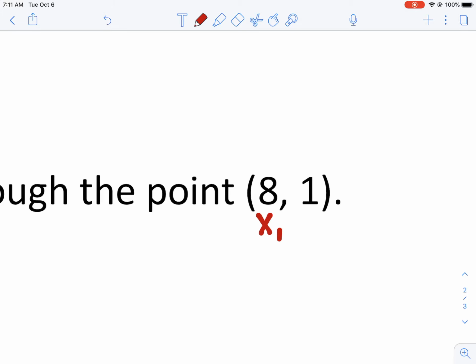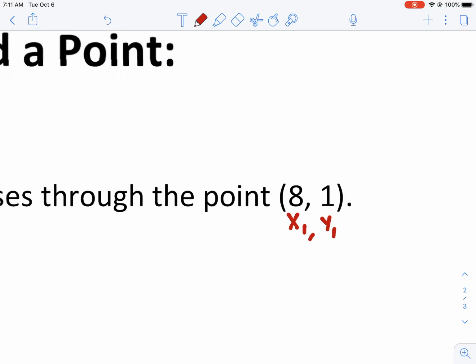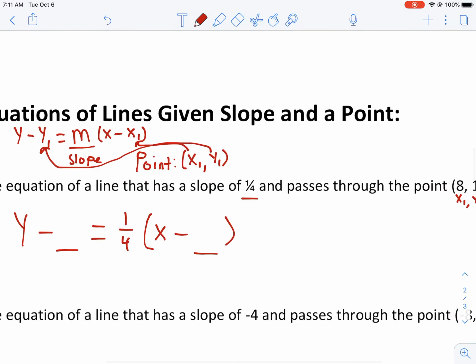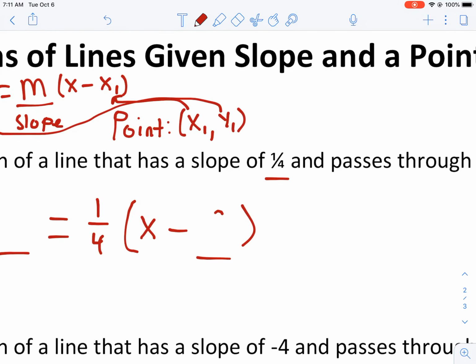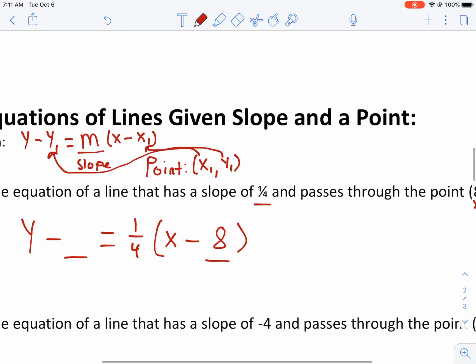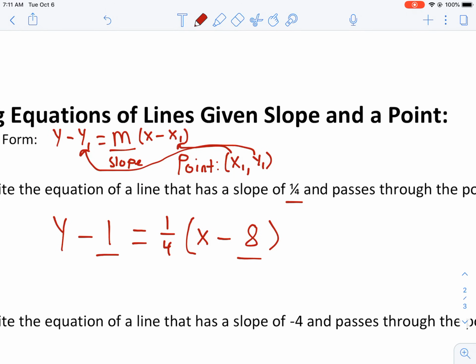We have x1 comma y1, just like we labeled it for our slope. So your x1 value needs to go with the x, all right? I know it comes first in the point, but you're not going to put your x1 value right here, all right? That doesn't make any sense. Your y value goes with the y, your x value goes with the x. So our x1 value is 8, our y1 value is 1. Now pay attention to this, okay?